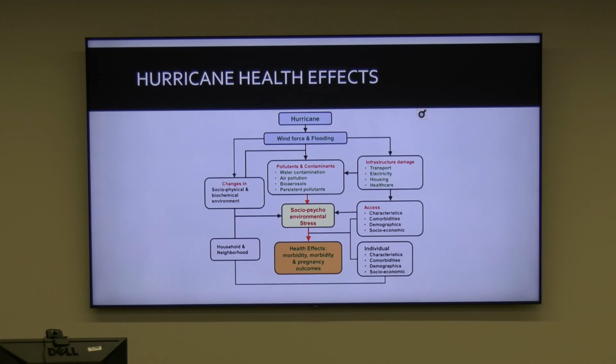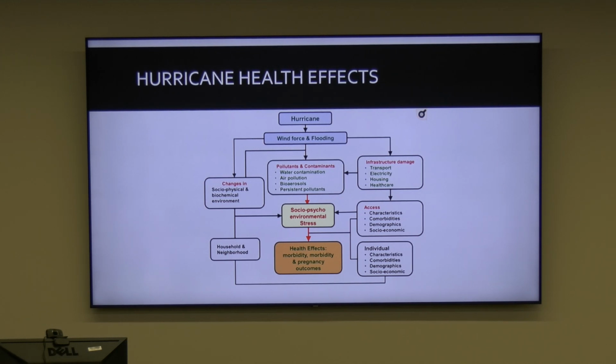So, hurricane health effects. Let's talk a little bit about what hurricanes physically do to environments and patients. The biggest effects of hurricanes are wind forces and flooding. They do several different things, but the main thing that everyone thinks about is infrastructure damage. So it gets rid of transportation, electricity, housing, and healthcare opportunities.